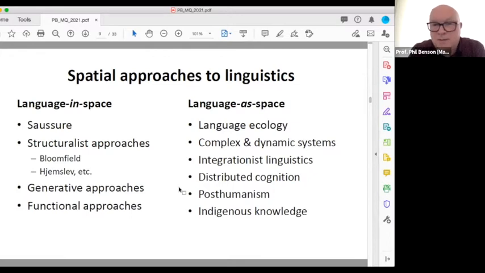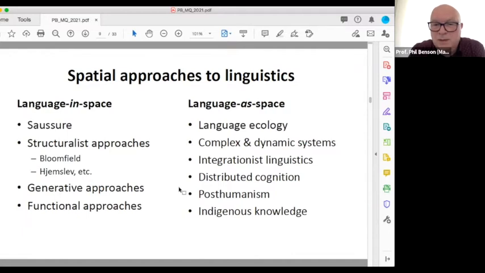On the other side of the fence, if there is another side, the language as space, we have fields such as language ecology, complex and dynamic systems, integrationist, is it integrationist or integrationalist linguistics? I'm never sure, but I'm thinking there of Roy Harris and Nigel Love and his crowd.